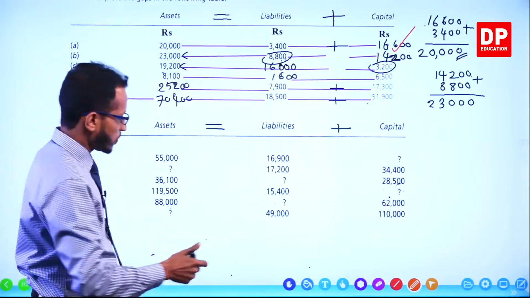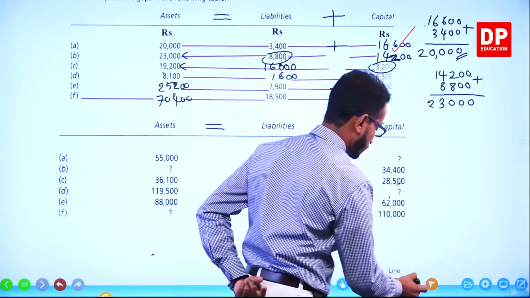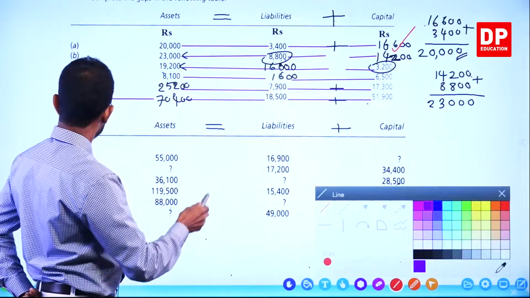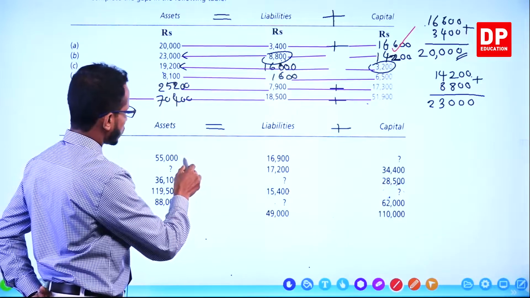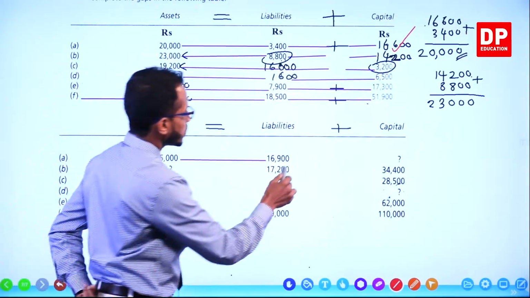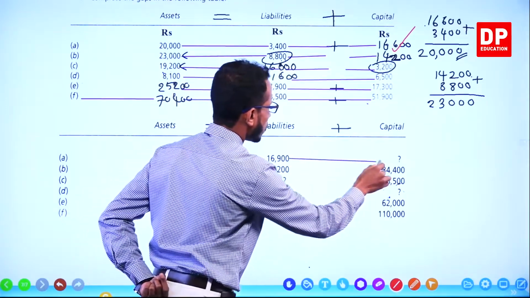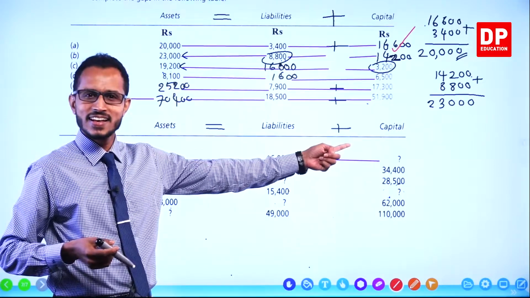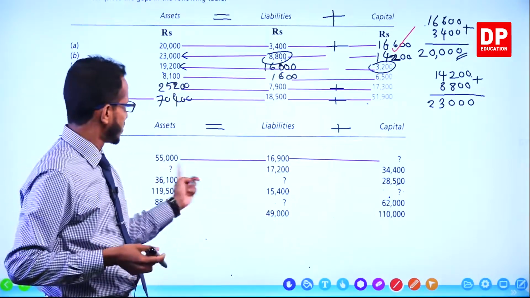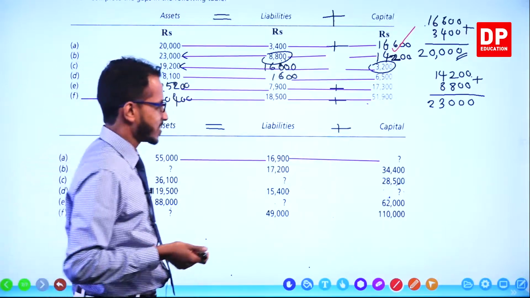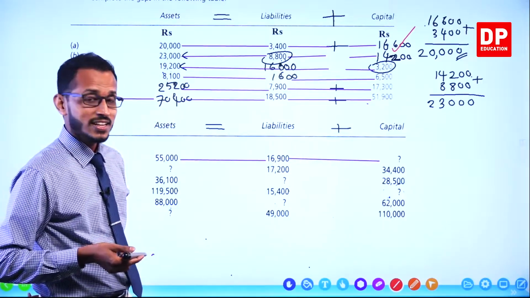So now we have 55,000 worth of assets. Out of that we have liabilities of 16,900. And how much could be the capital? Tell me.